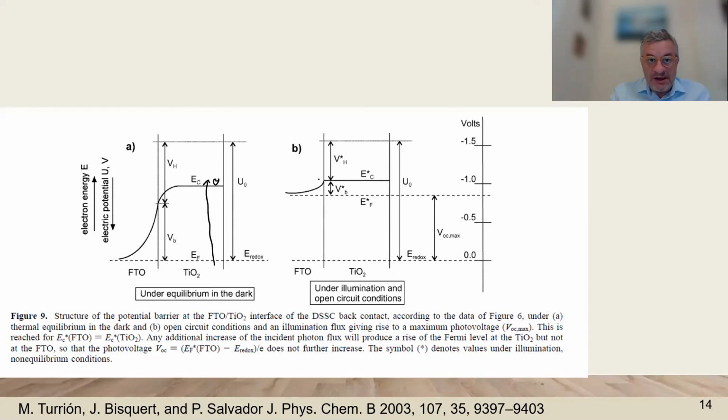If we go higher, then in the end we will form an opposite barrier that is opposing the extraction of electrons. This is the problem of going to a VOC that is higher than the initial built-in voltage.